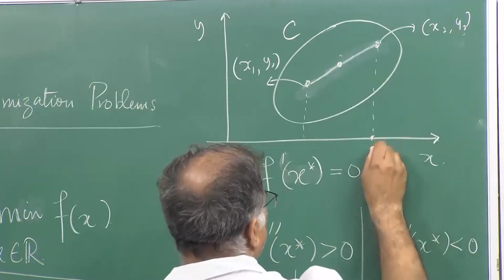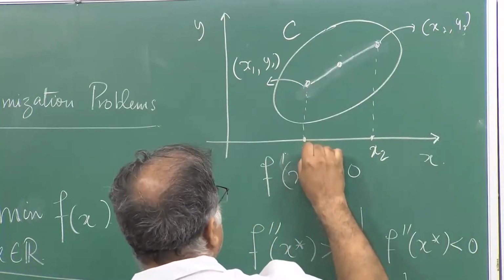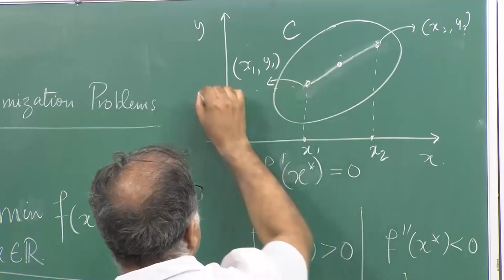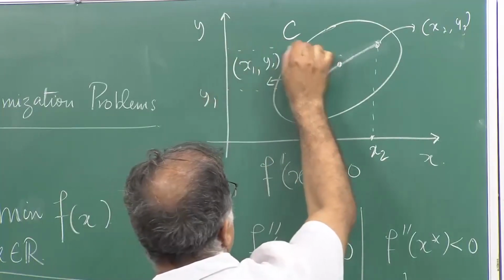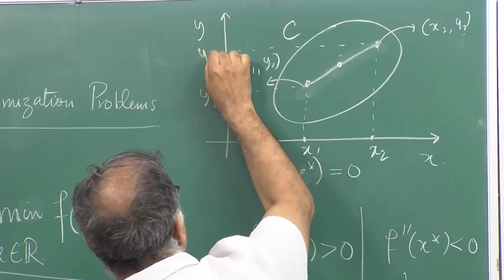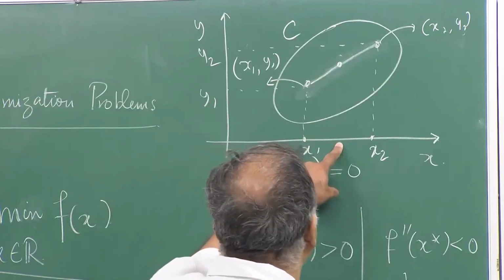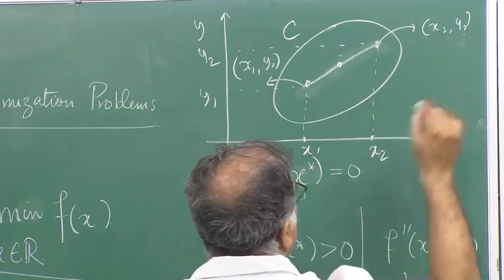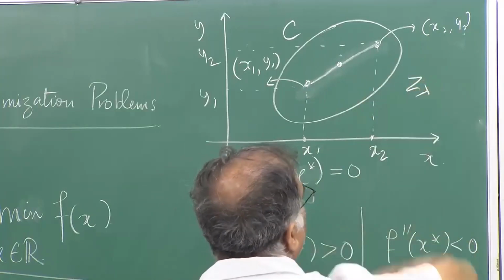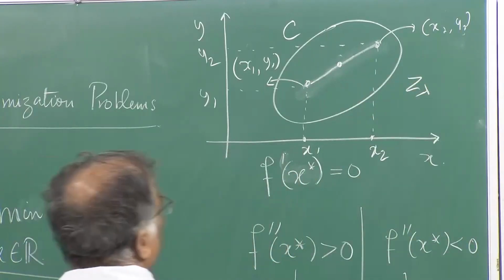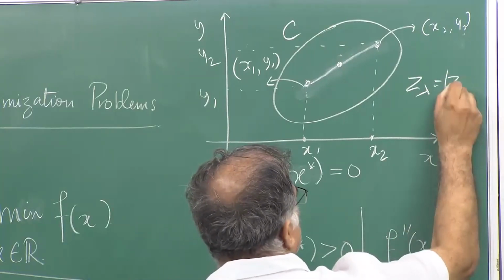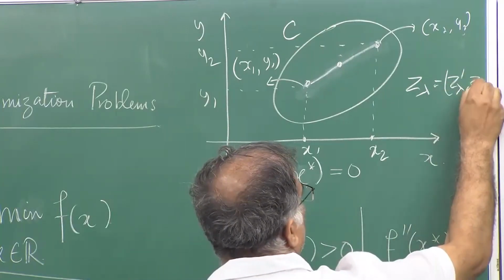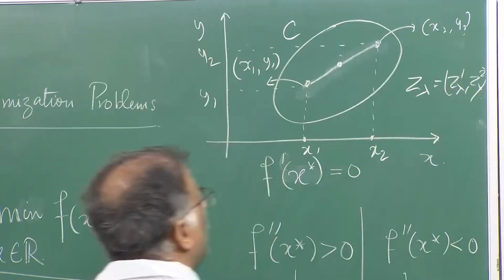So, this is my x2, this is my x1, this is my y1, and this is my y2. You know that suppose this is some point z lambda, right. Z lambda is a two dimensional point with Z lambda 1 and Z lambda 2 as the two coordinates.